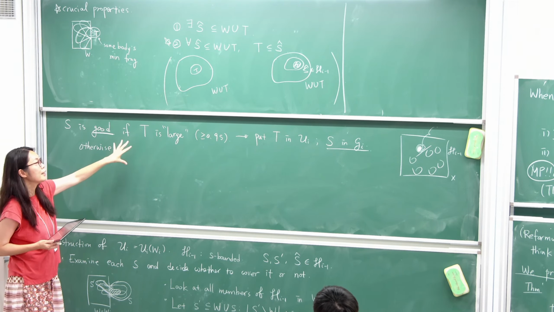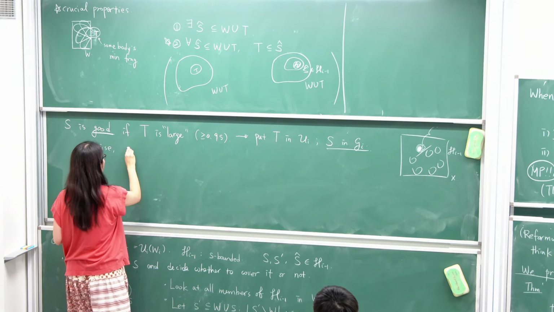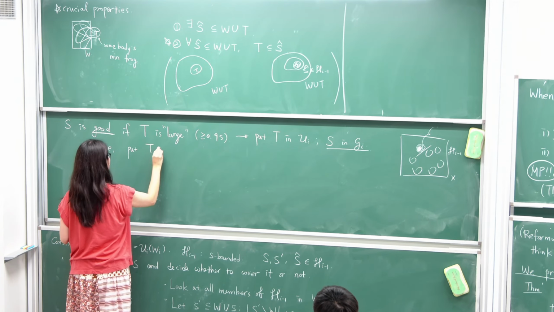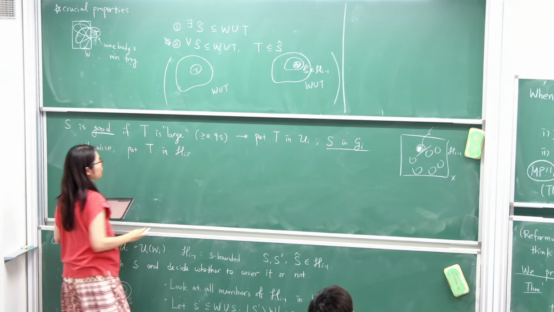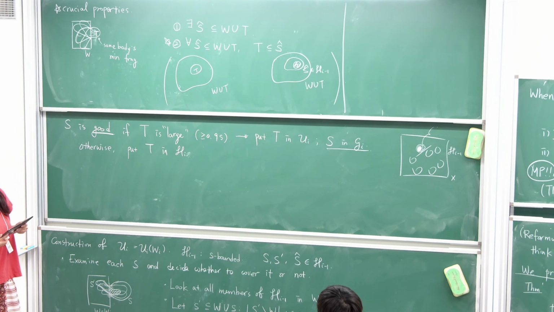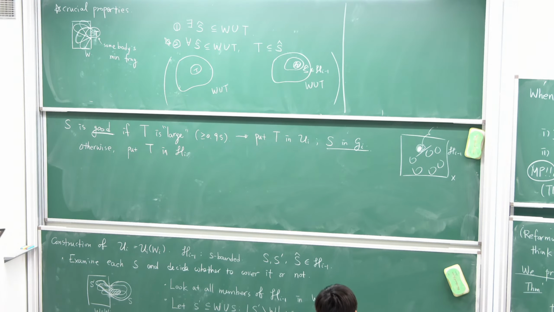So we can't afford this cover, which means we just keep it. So we put T in our next hypergraph, H_i. Why large is cheap, you'll see at the end. I think it's better to give you the quantification rather than a rough idea.